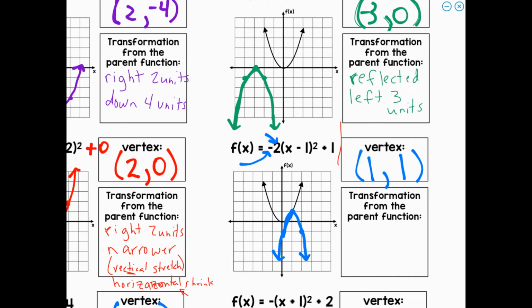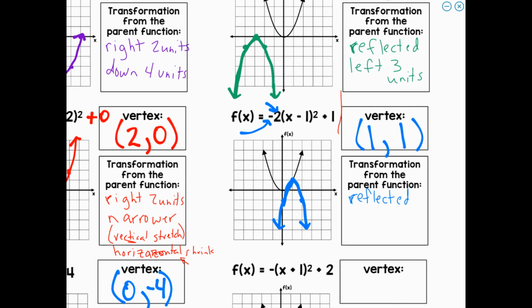So it's reflected. How did it move? Right 1 unit, up 1 unit. And what else happened to it? It got narrower.